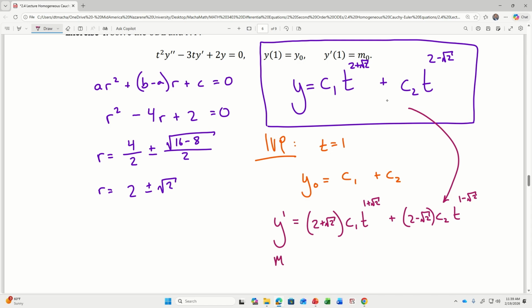And plugging in my initial condition, which is that t should be equal to 1, and y prime is going to be equal to m0, then I get c1 times 2 plus square root of 2, plus c2 times 2 minus square root of 2.